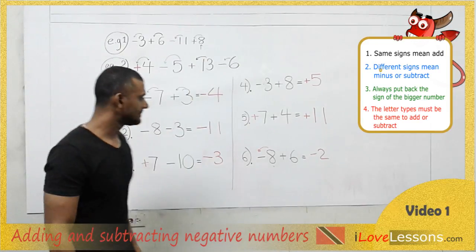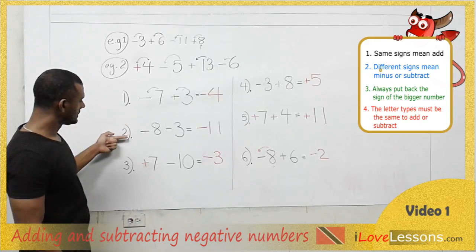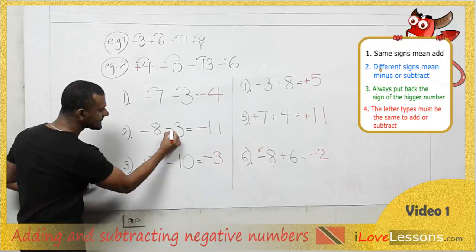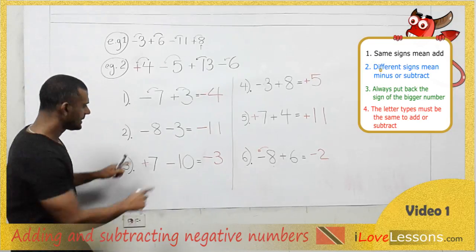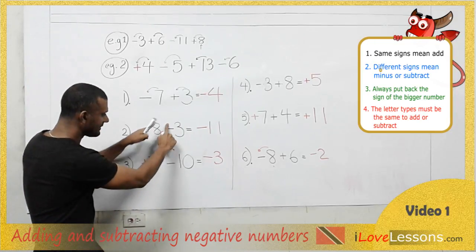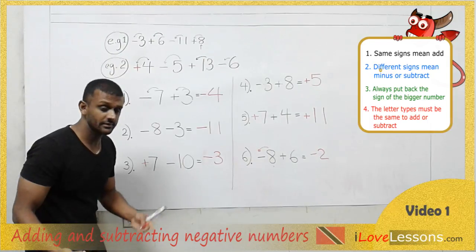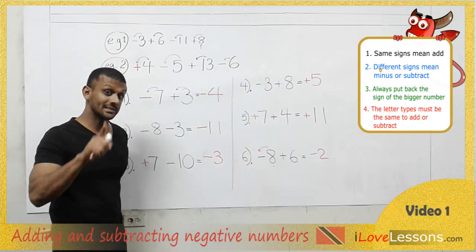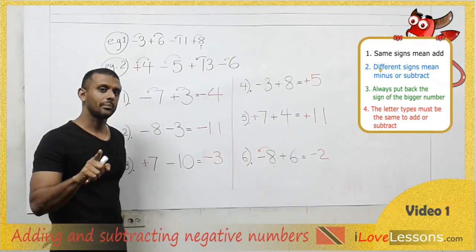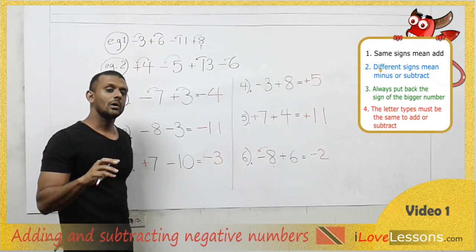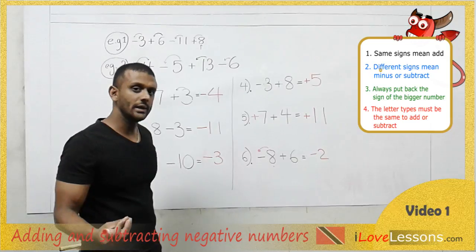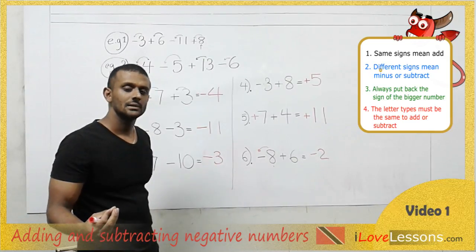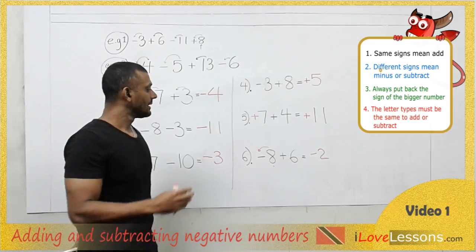But look at this. Look at question 2. Didn't I have minus 8, minus 3? Both of them were negative, because if you look to the left, both of them are negative. You all notice that two negatives did not give us what? A positive. So I want you to get that out of your head. Two negatives don't always give you what? A positive.